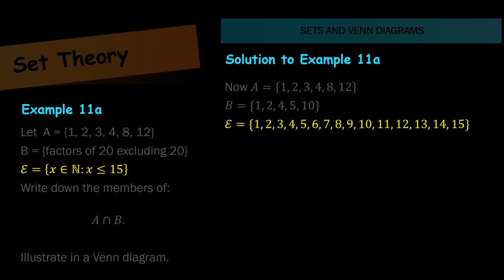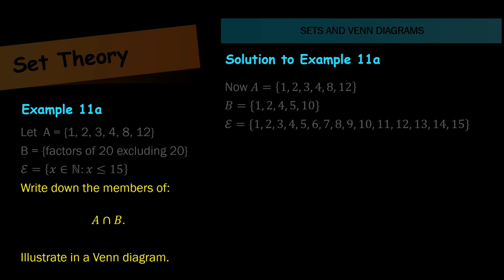So the universal set is the set of whole numbers from 1 to 15 inclusive. We are required to write down the members of A intersect B, or A and B.